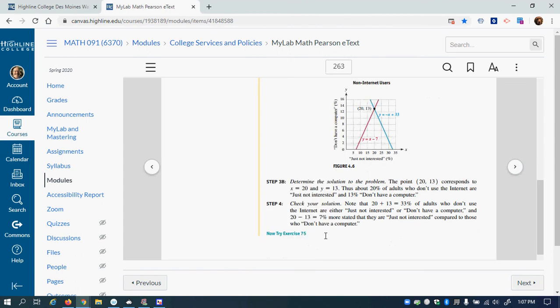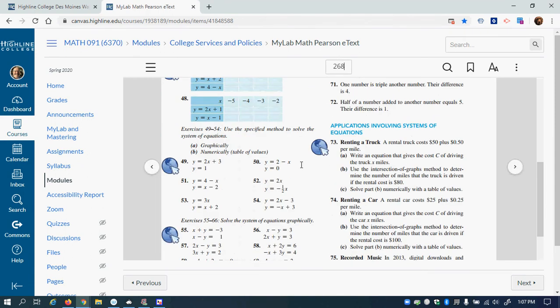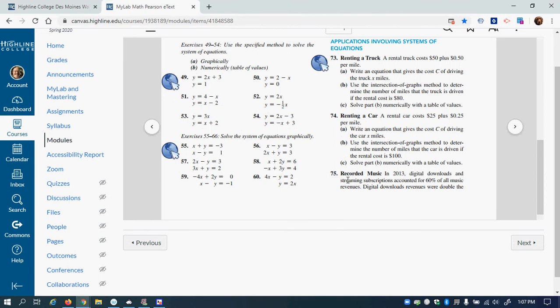So let's do that to problem 75. So let's go to page, I believe it's on page 268. So let's go to page 268. And this one is 75. Recorded music in 2013, digital downloads, streaming subscriptions accounted for 60% of all music revenue.